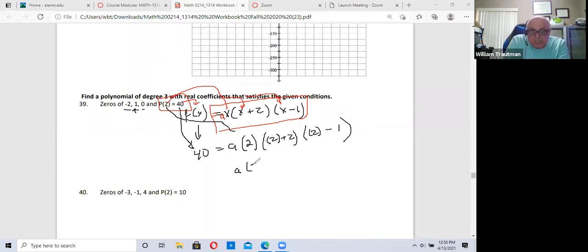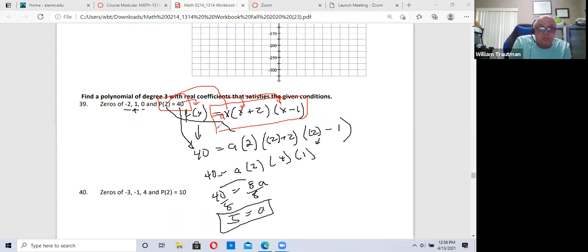I get A times 2 times 4 times 1. 2 minus 1 is 1. Equals 40. So 40 equals 2 times 4 is 8, times 1 is 8. So I get 8A. Divide both sides by 8 and I get A equals 5.